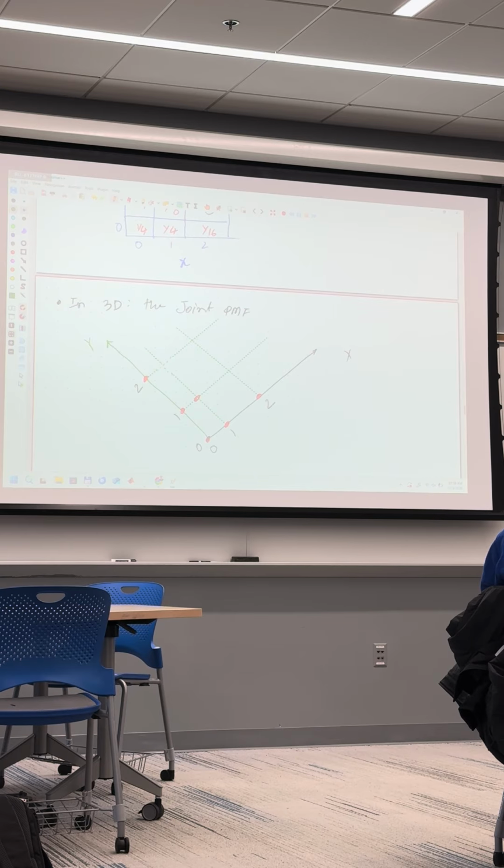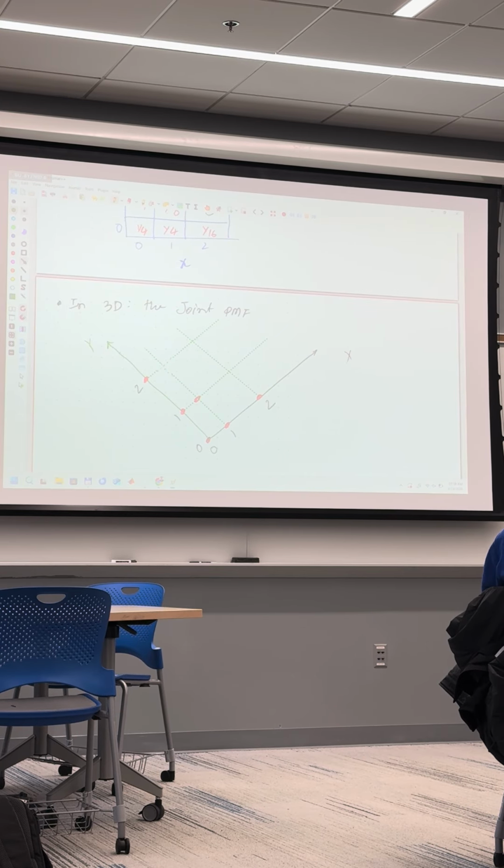Okay. So now at 0, 0, I'm going to use very thick. At 0, 0, you have 1/4. At 1, 0, you have 1/4, same height. At 0, 1, you have 1/4, same height.